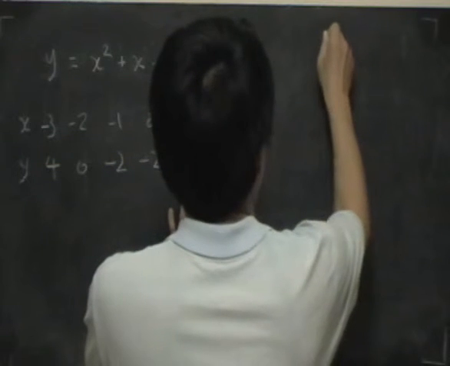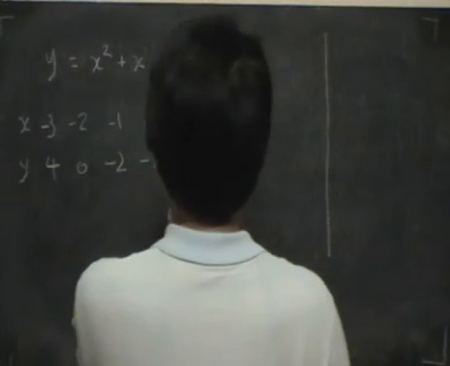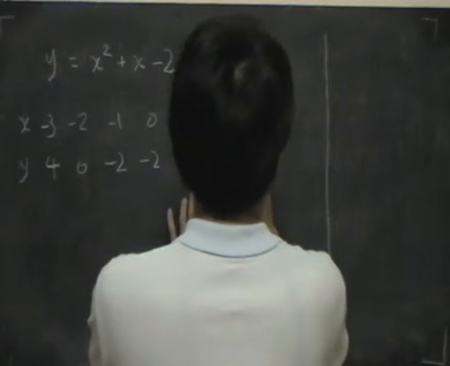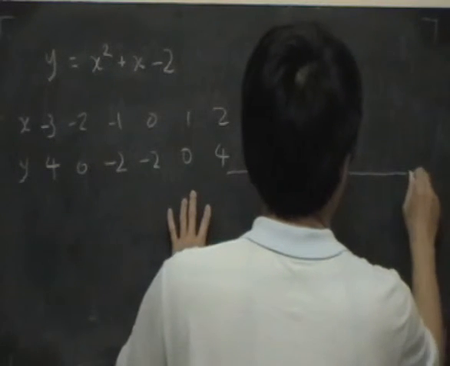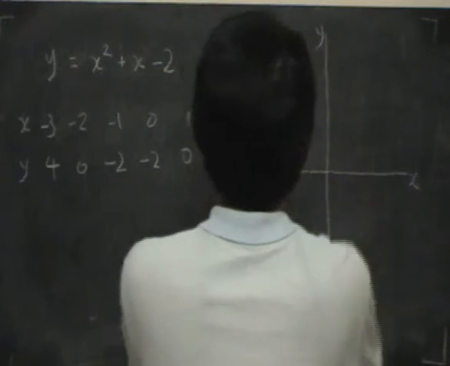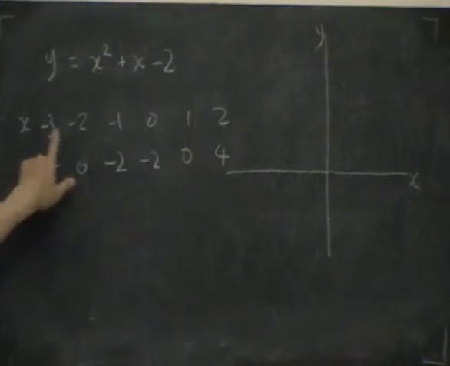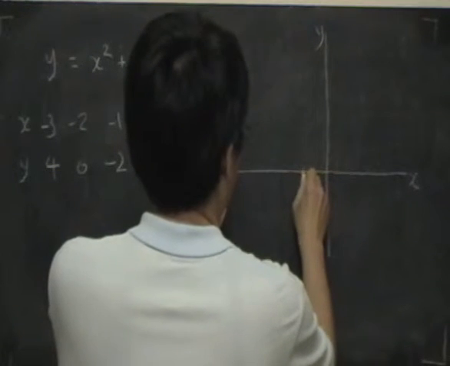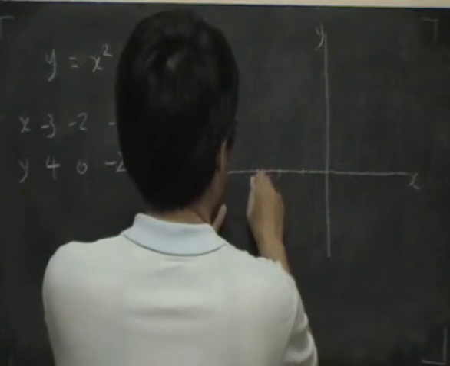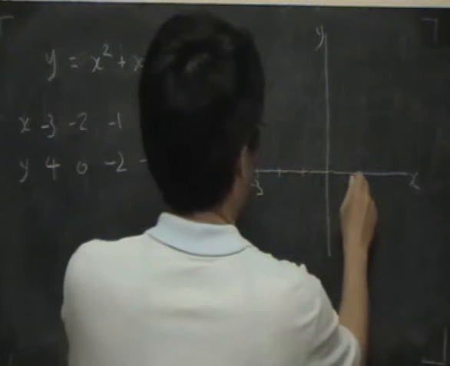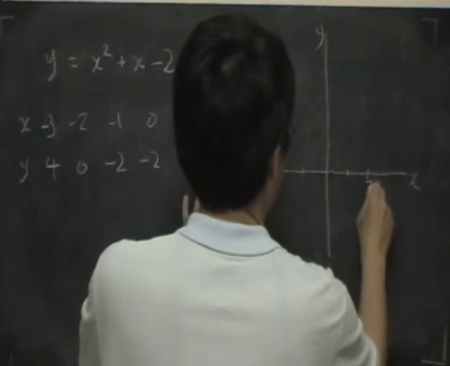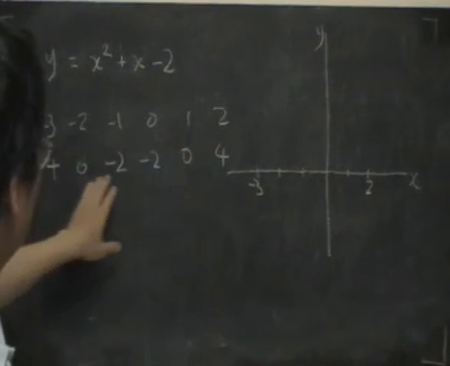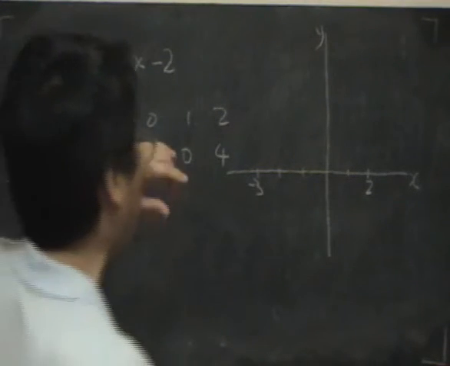Let's do that. Vertical axis, okay, horizontal axis, x and y. So x goes from minus 3 to 2, so let's do minus 1, minus 2, minus 3, 1, 2, okay, and y goes from 4 to minus 2 to 4 again.